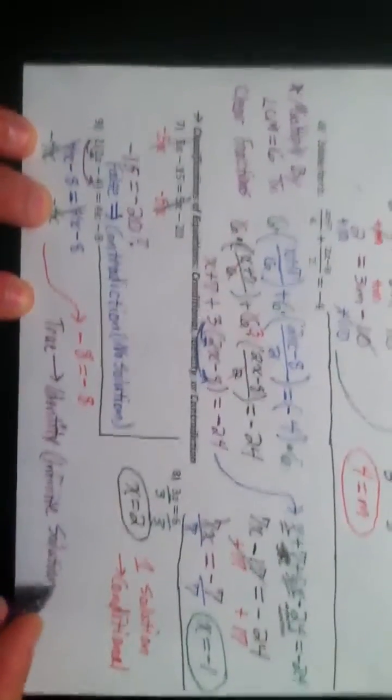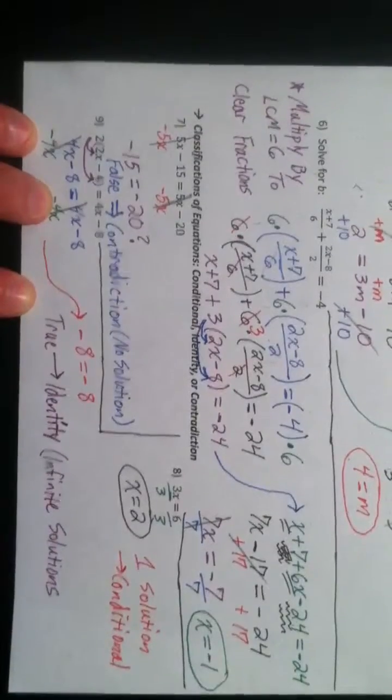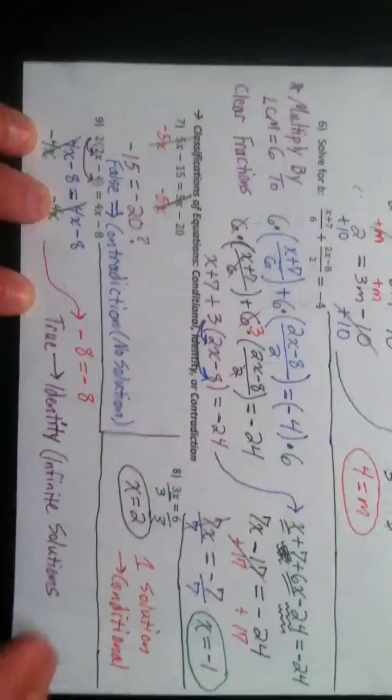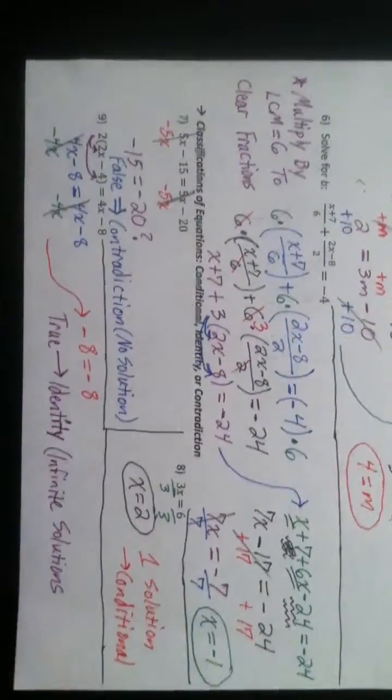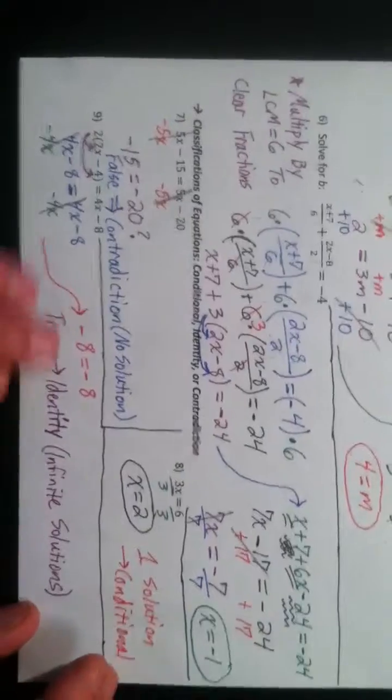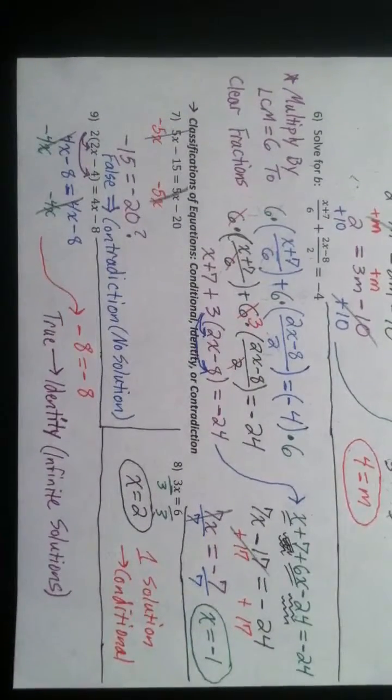There's not only one, like there was in problem number 8. Doesn't matter what you plug in for x. Any number you plug in for x is going to give you the same value on the left-hand side that you get on the right-hand side. So we call that an identity statement. It means there's infinite solutions.